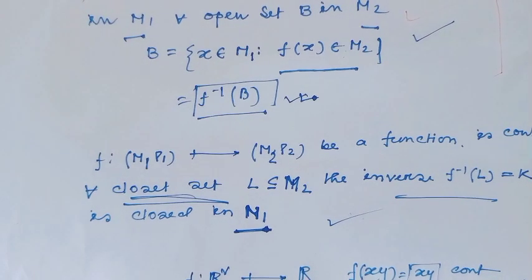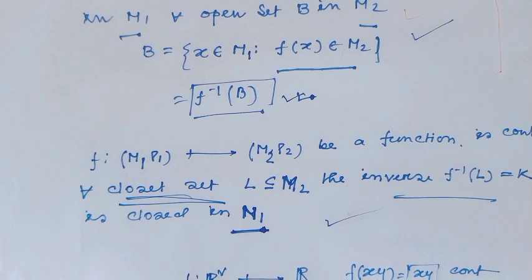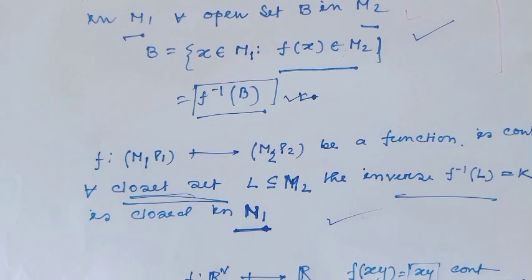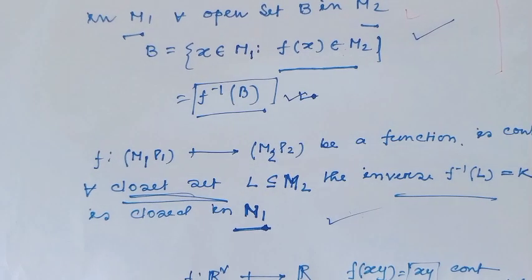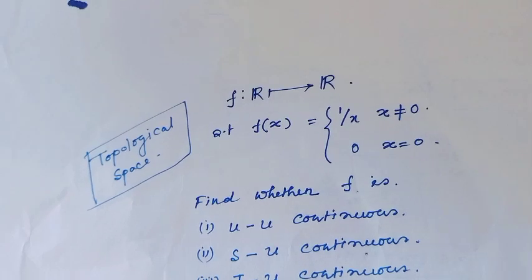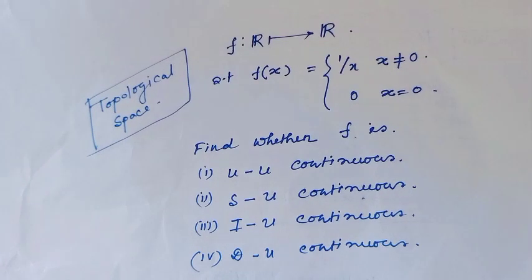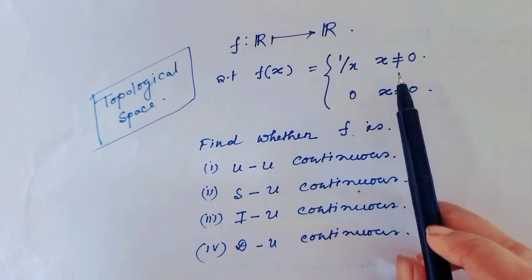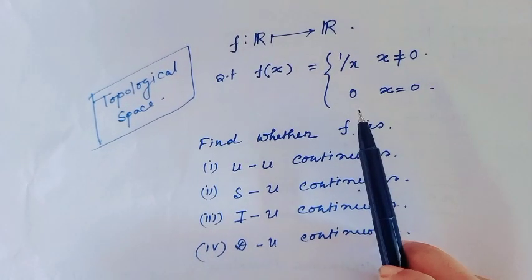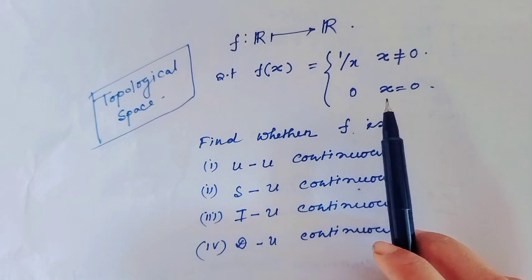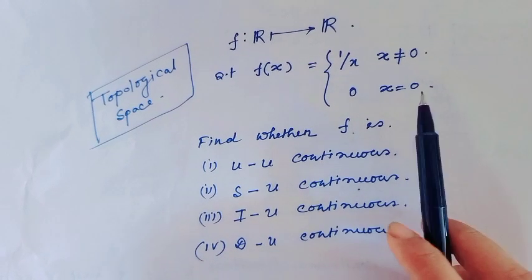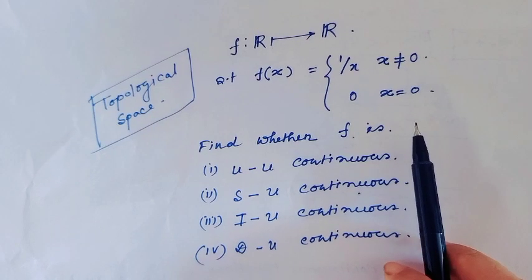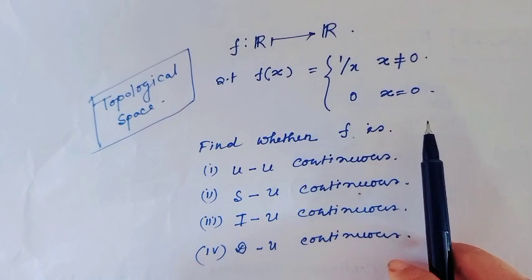This question is very important for basic knowledge of how continuity is used in different topological spaces. Let's see our first question. Consider a function defined from the real line to the real line, defined by f(x) equals 1 over x when x is not equal to 0, and 0 when x equals 0.